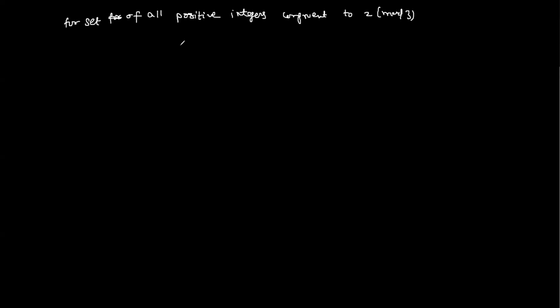First understand what it means. You must know that if a is congruent to b mod n, it means a minus b is divisible by n, or you can also say n divides a minus b. Whenever it is given here, you can say 2 is the remainder.